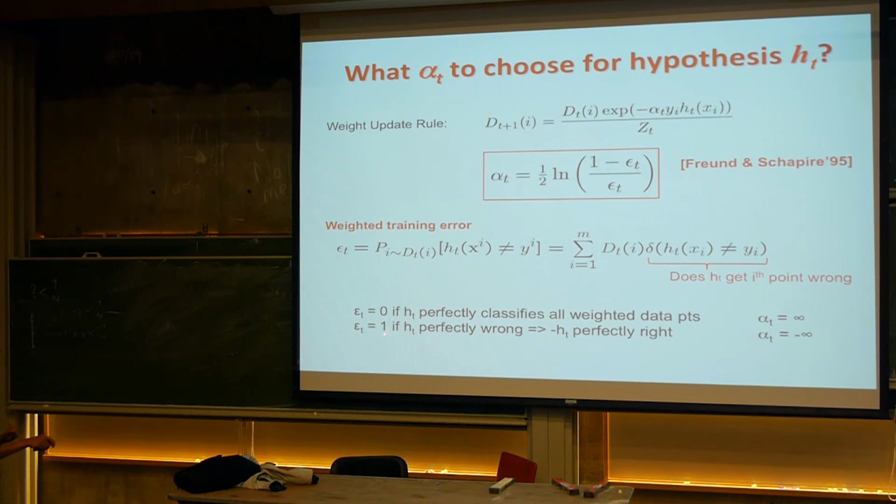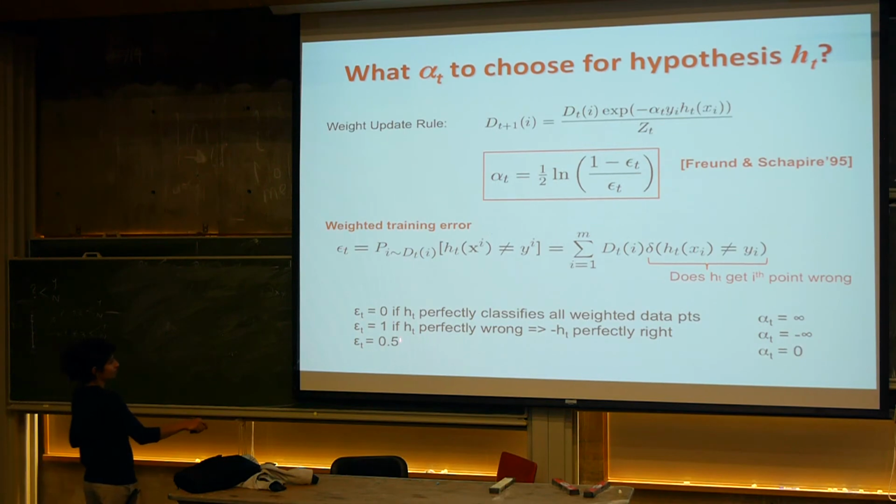If epsilon t is 1, then it gets all of them wrong. And if I plug in epsilon t equal to 1 here, you will see I'm doing log of 0, which is minus infinity. So I'm giving it minus infinity weight, which makes sense again because it's perfectly wrong, which means the negative of that is perfectly right. So if I give it minus infinity weight, it's contributing the same to my overall linear combination.